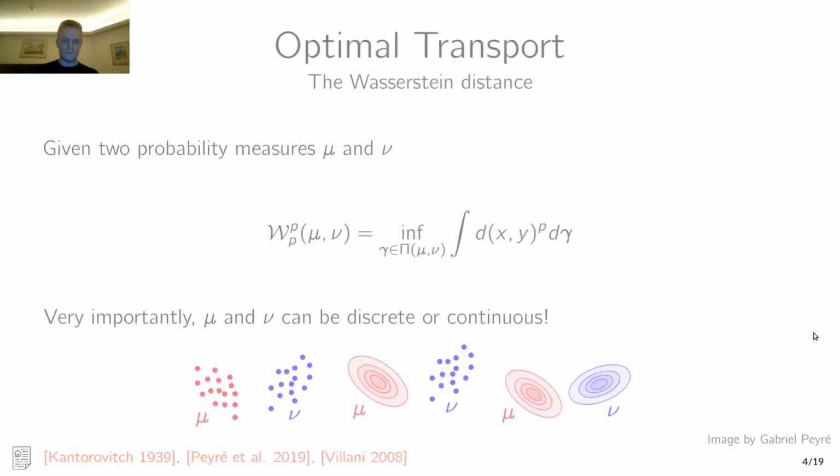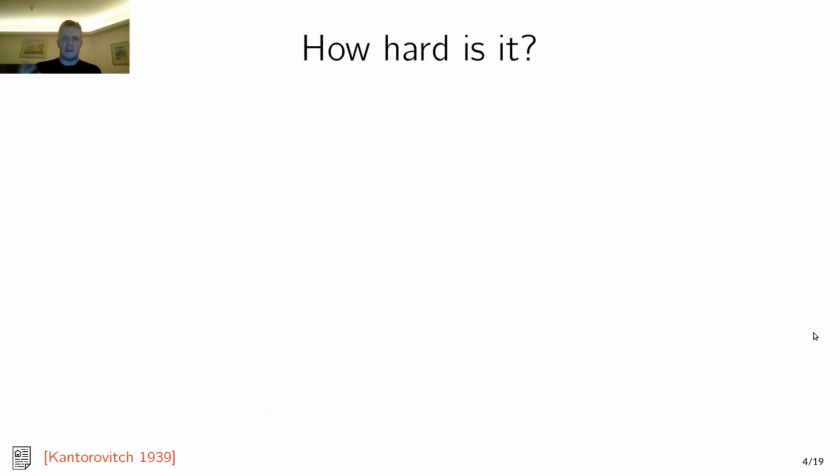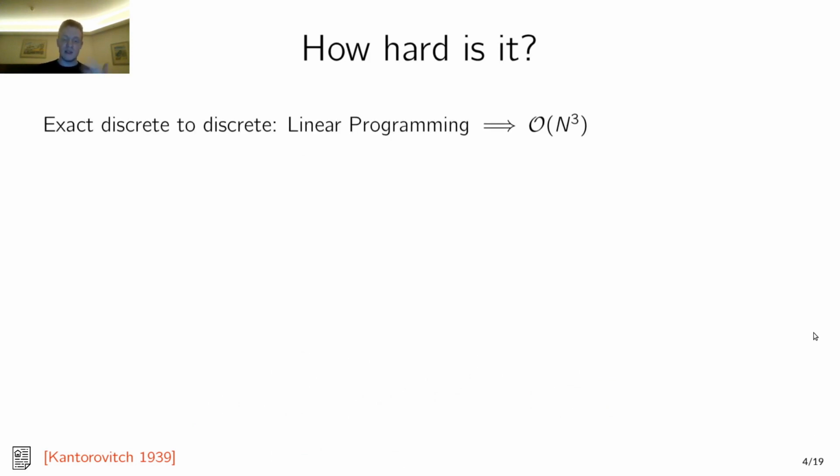But if the Wasserstein distance is so great, how hard is it to compute? Well, we know that it can be expressed as a linear programming problem, and even though it can be quite optimized, it is still an n-cube algorithm, where n is the number of points. Optimal transport is hard in any dimension except in dimension 1, where it is absolutely trivial.